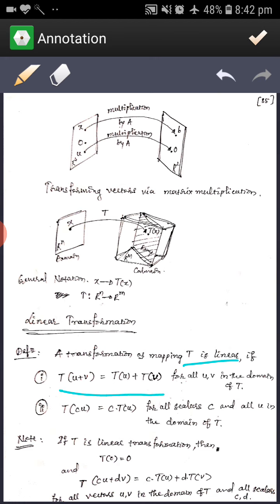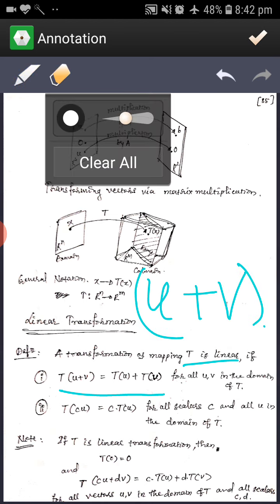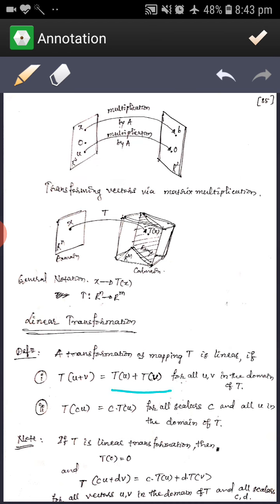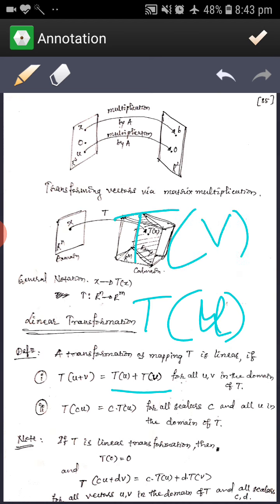If there is a vector u plus v, then the transformation of u plus v is nothing but the transformation of u plus the transformation of v.